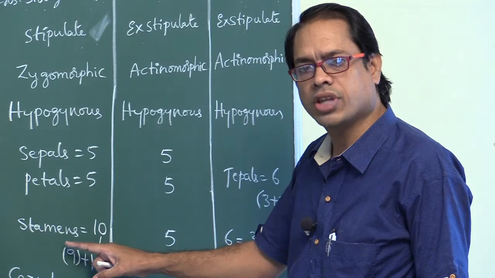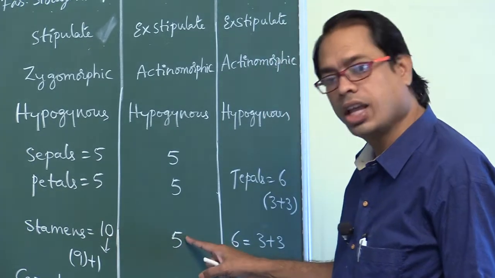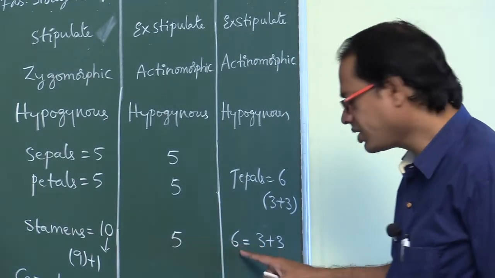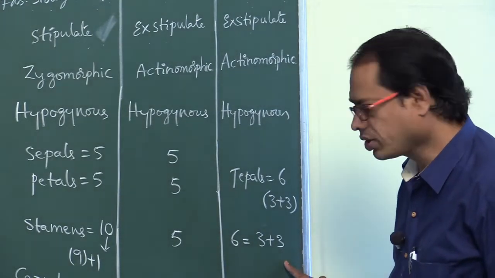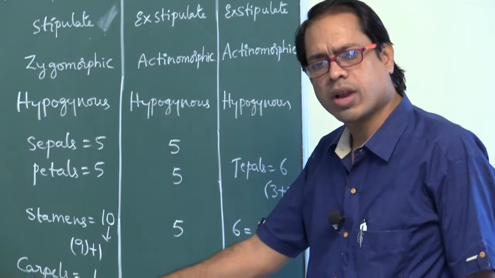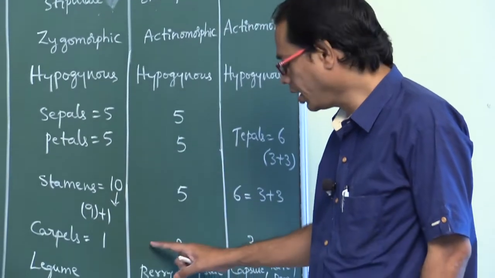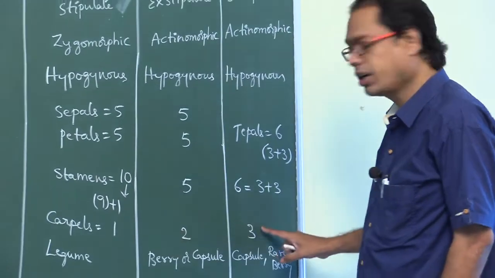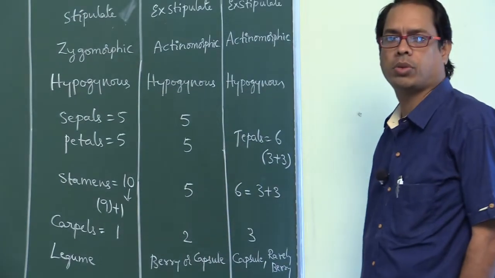How many stamens are present in a Fabaceae flower? 10. Solanaceae 5. Liliaceae 6, arranged in 2 whorls of 3 each. Carpels: number of carpels in each Fabaceae flower 1. Solanaceae 2. Liliaceae 3. Try to remember 1, 2, 3. Like that you have to remember.